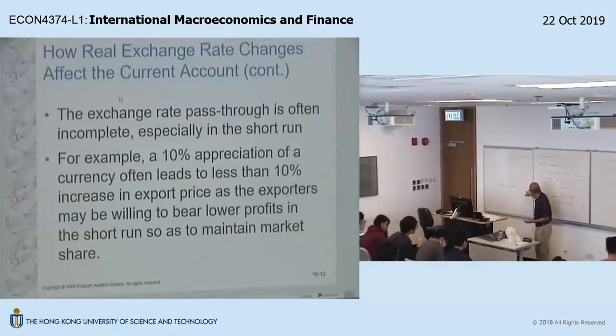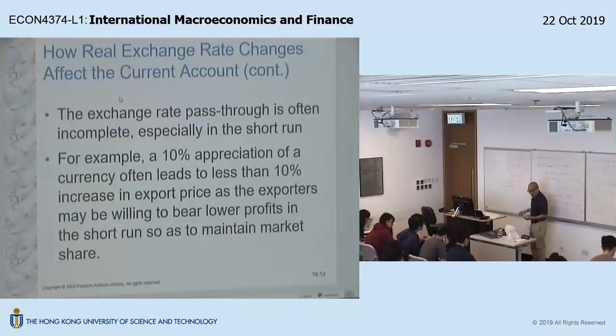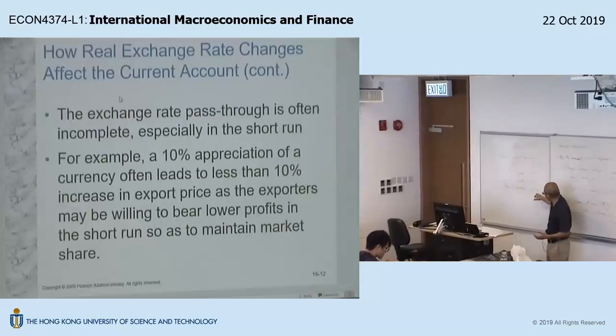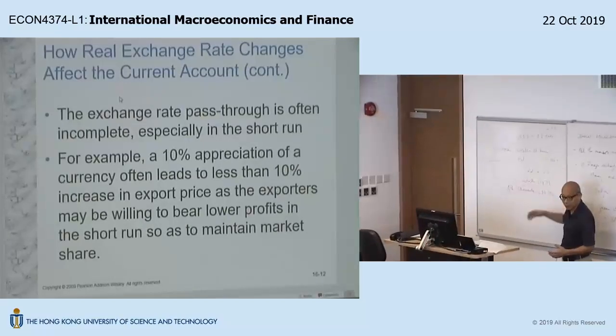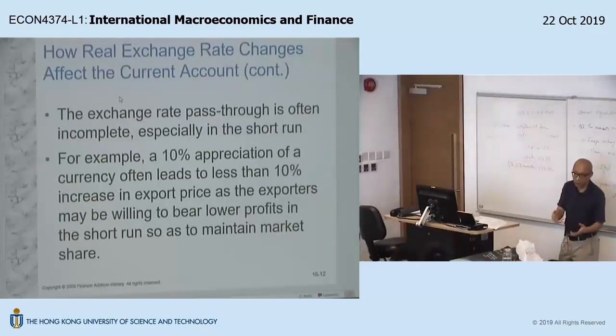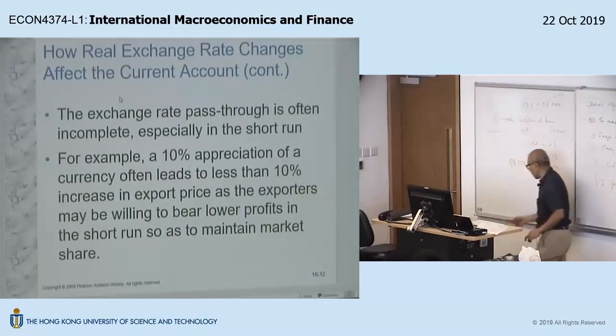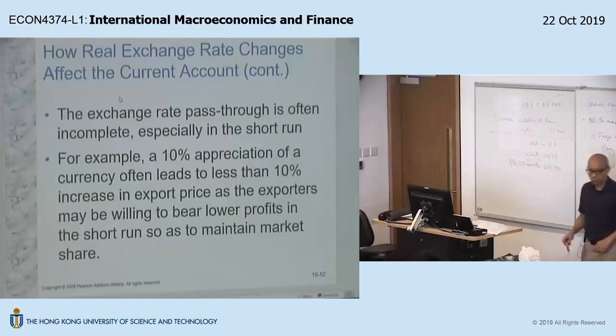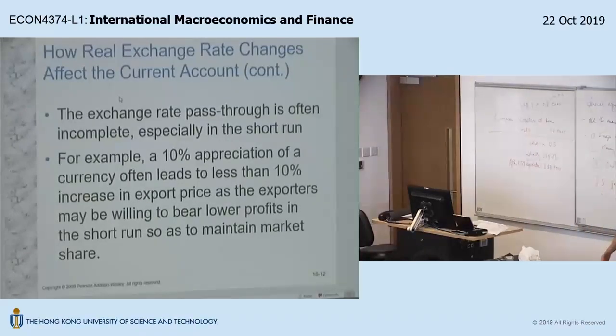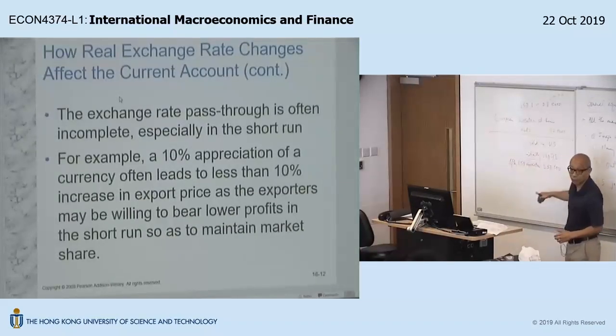Because the European sweaters in the U.S. market may be competing with other products, they want to maintain their market share. So they don't want to lose market share, and they may not raise the price all the way to $100.